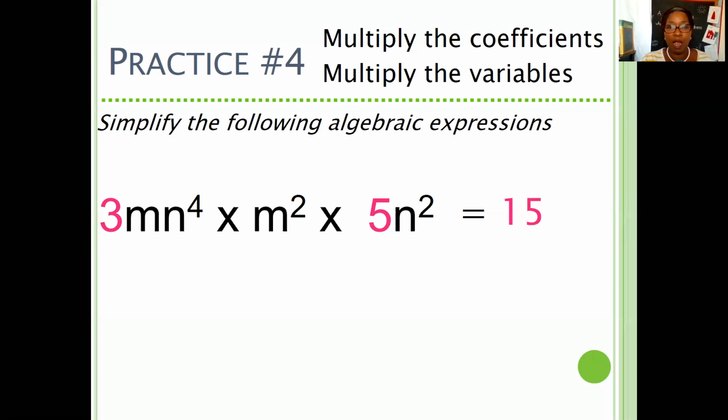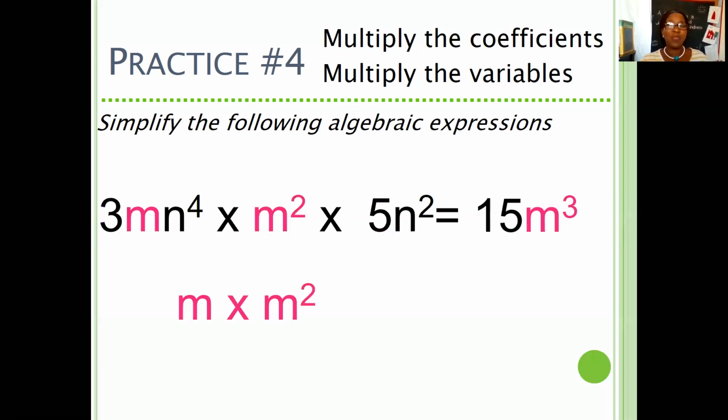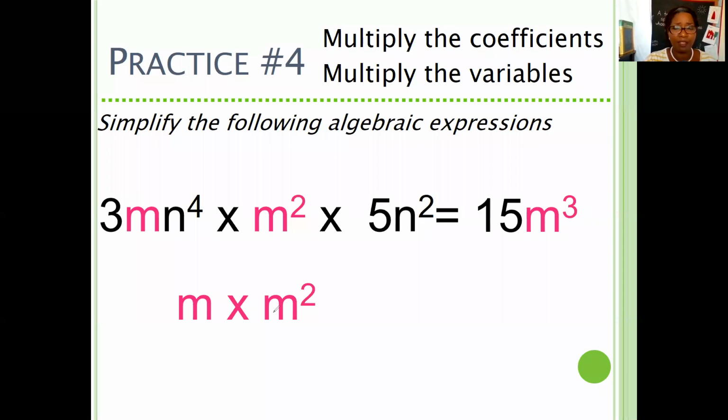Then what would be our variable? Which variable are we going to work with first? Yay, we're going to work with m. So m times m squared. And again, what is the exponent on that first m? If you said 1, you are absolutely correct. So just a reminder here, little side note, this here is m, and we don't see an exponent.